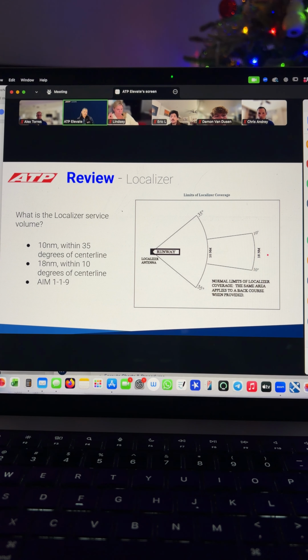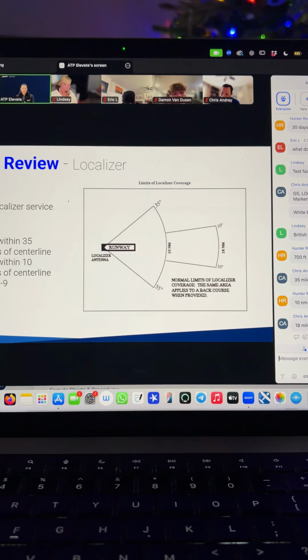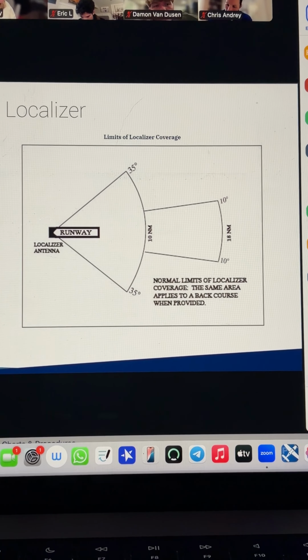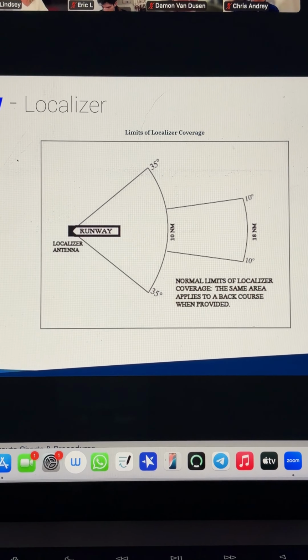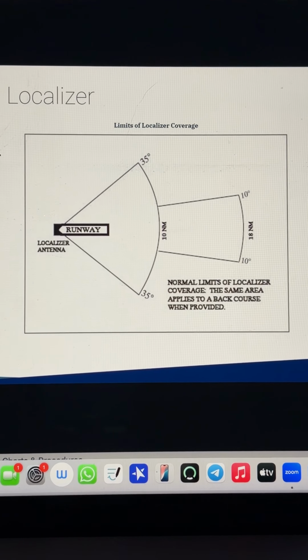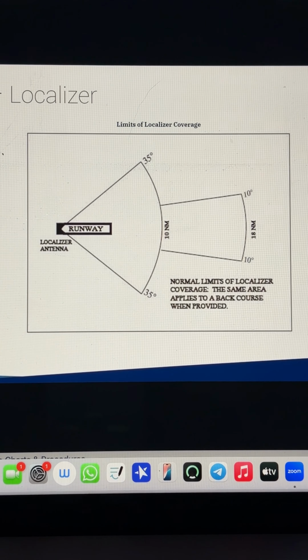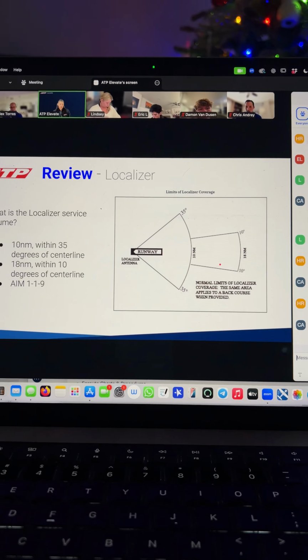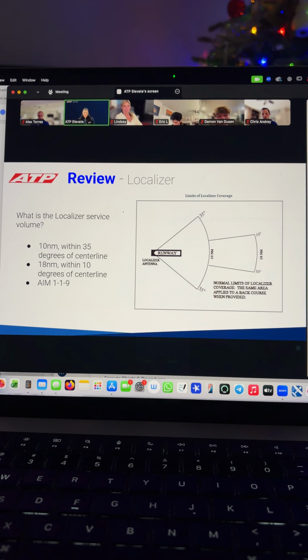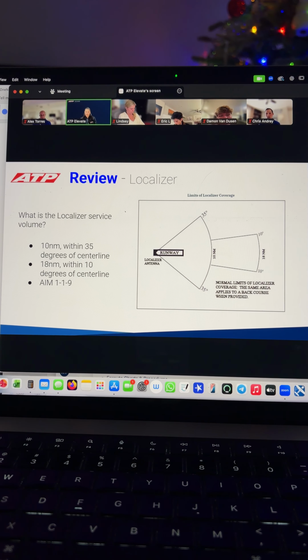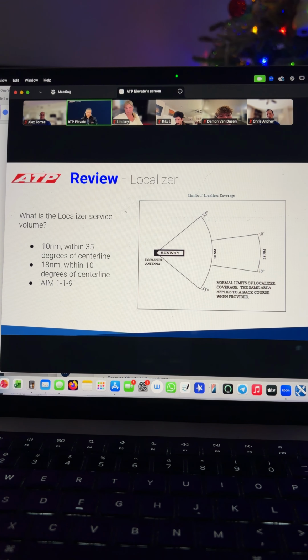But this is your standard. This is the textbook answer. This is what you need to be telling the DPE if you get asked this question. So it's 10 nautical miles with 35 degrees from center line, and then 18 nautical miles with 10 degrees from center line. So it looks like this. These are your standard limits, and it's also found in the AIM 1-1-9.